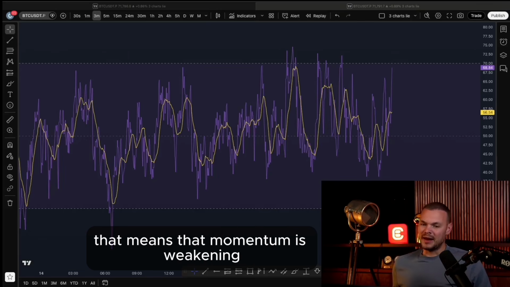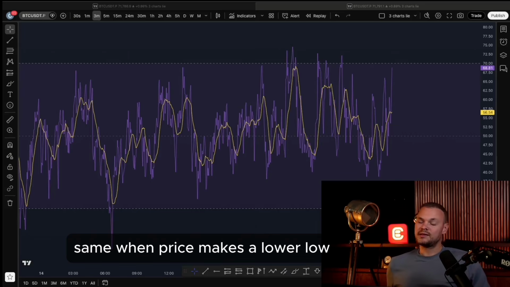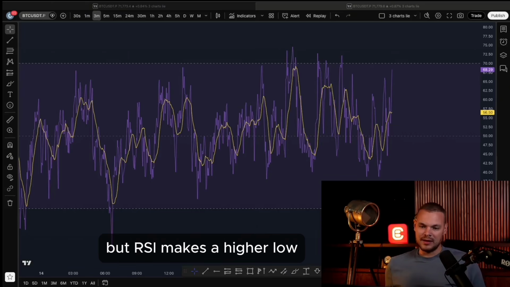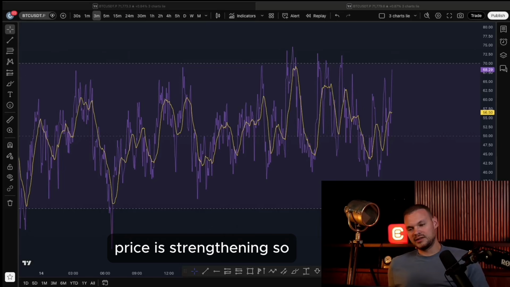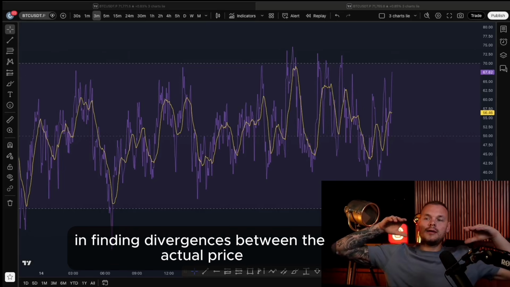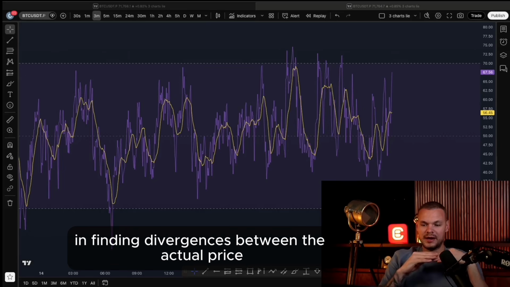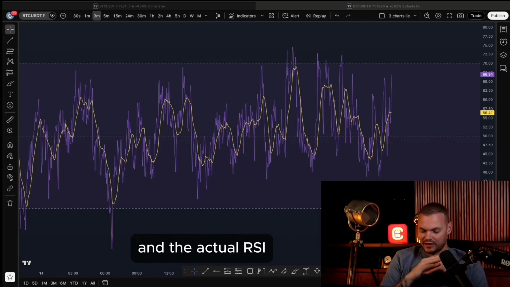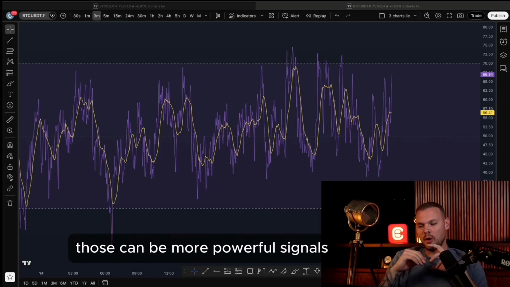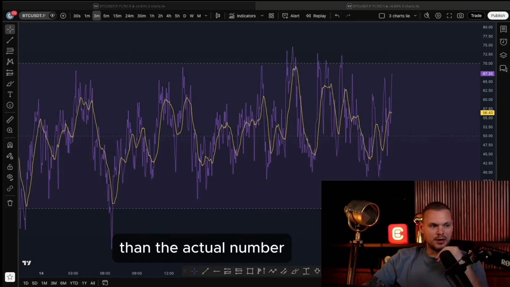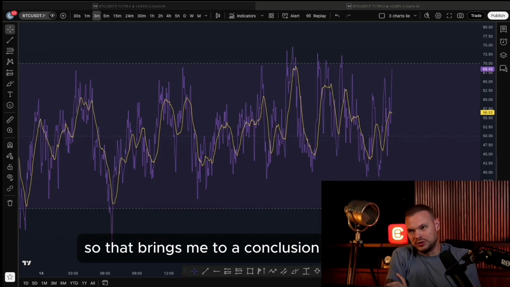That means that momentum is weakening. Same when price makes a lower low, but RSI makes a higher low, price is strengthening. So in finding divergences between the actual price and the actual RSI, those can be more powerful signals than the actual number.